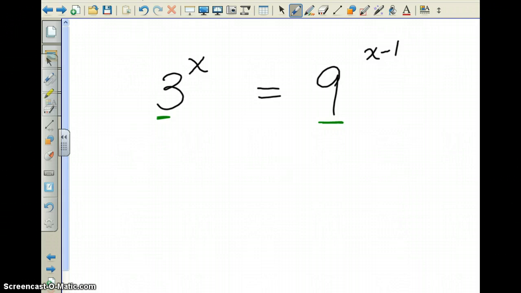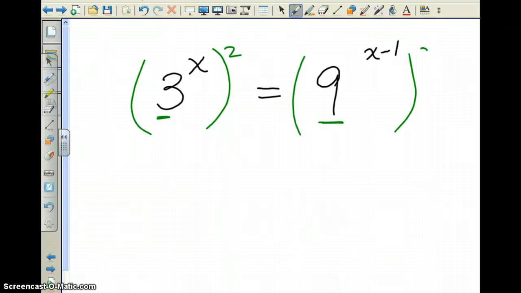Now, many of you would say, oh, well, let's do this. Let me do 3 squared and that'll change into 9. There's two major problems with this thinking. One of which is thinking about algebra. If I do something to one side of the equation, I have to do it to the other side of the equation as well to keep the equation balanced.